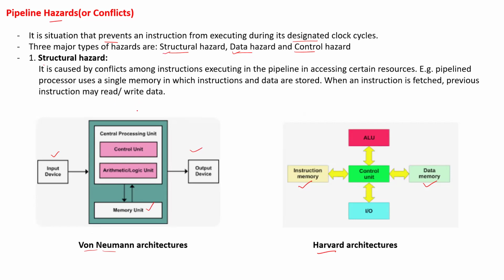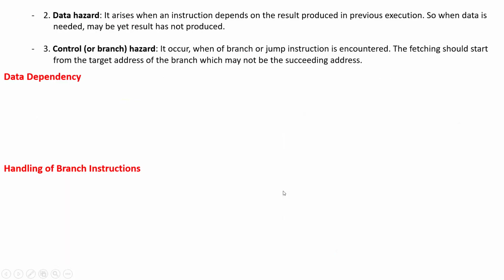So if an instruction is being fetched and data is also being operated on, two different bus lines are required. At the same time, we can't perform two tasks with the same memory. That's why separate memory is better, which is what happens in the Harvard architecture.